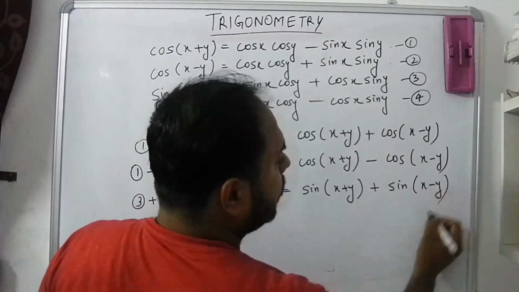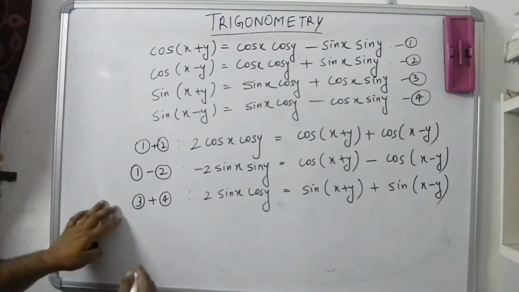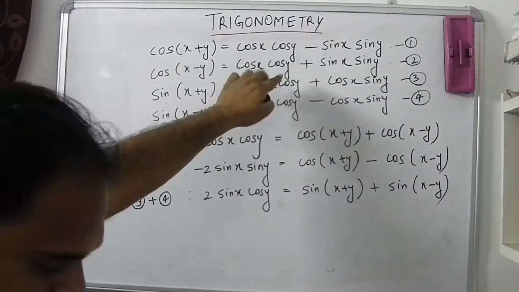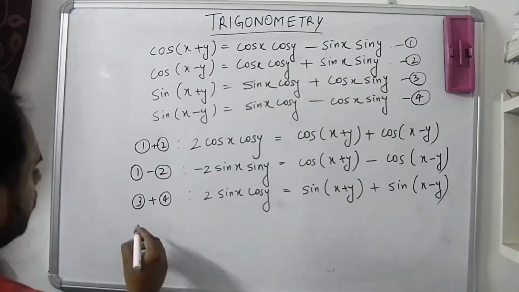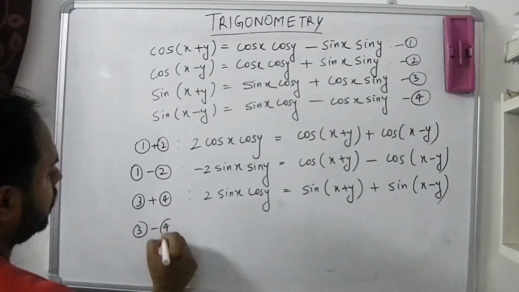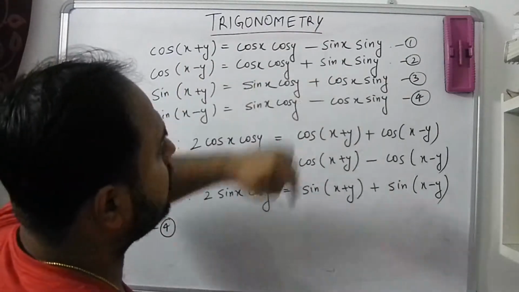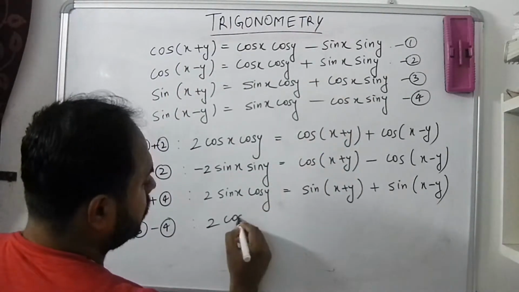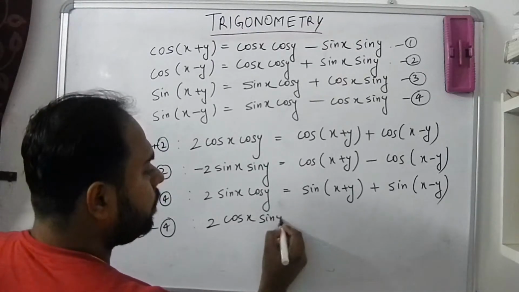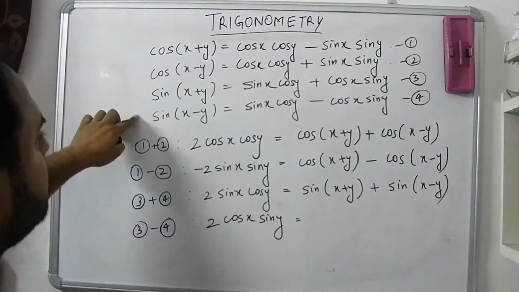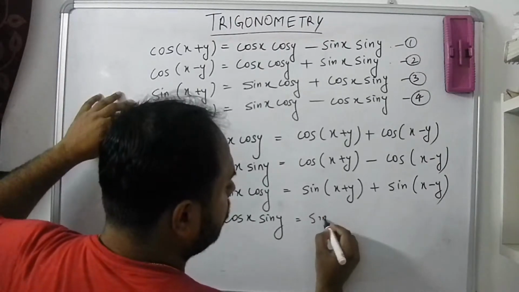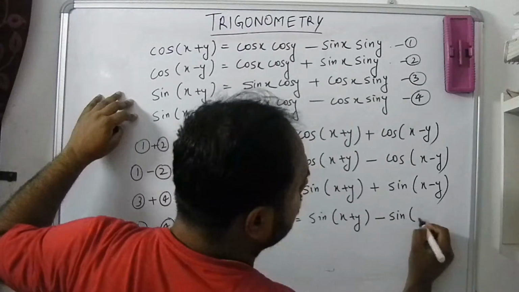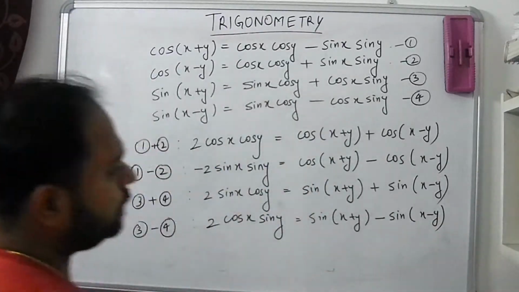Now likewise let's do 3 minus 4. This gets cancelled and this becomes 2 times cos x sin y, which is nothing but equal to sin of x plus y minus sin of x minus y. So this becomes like this.